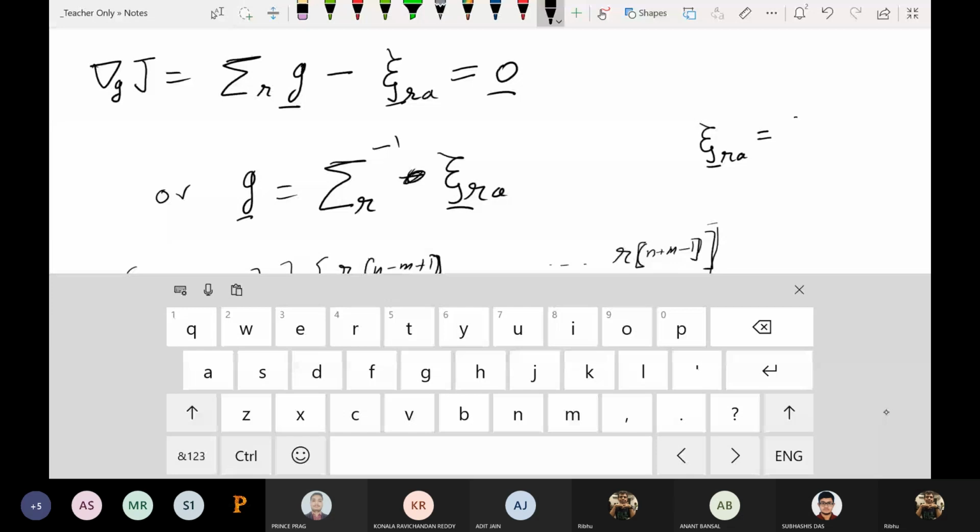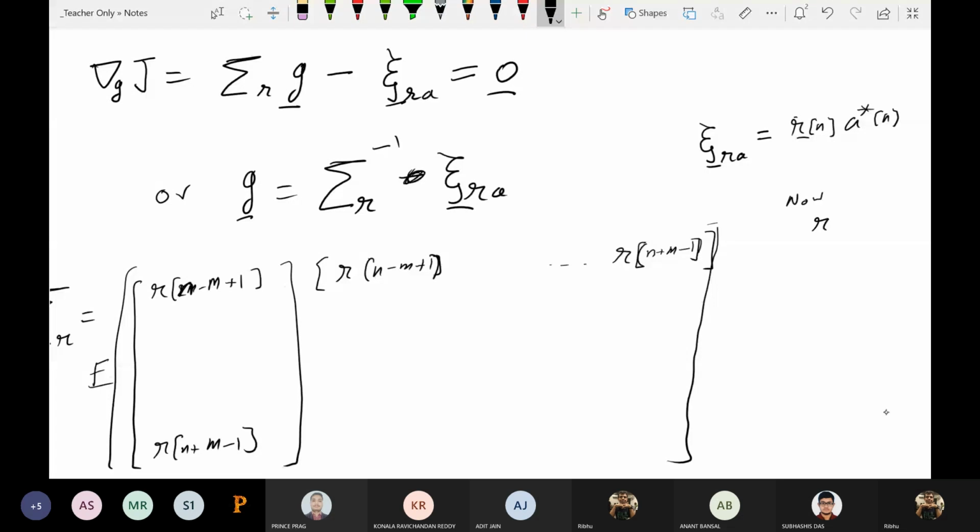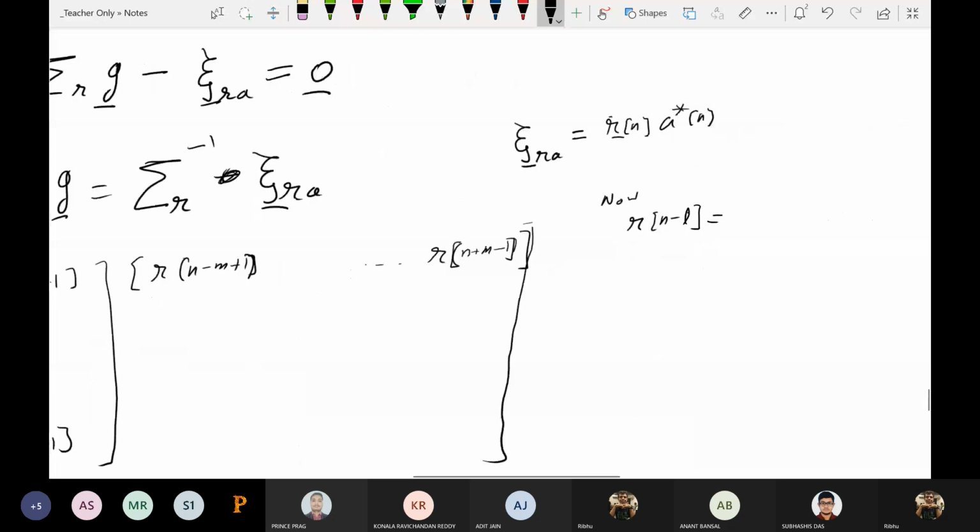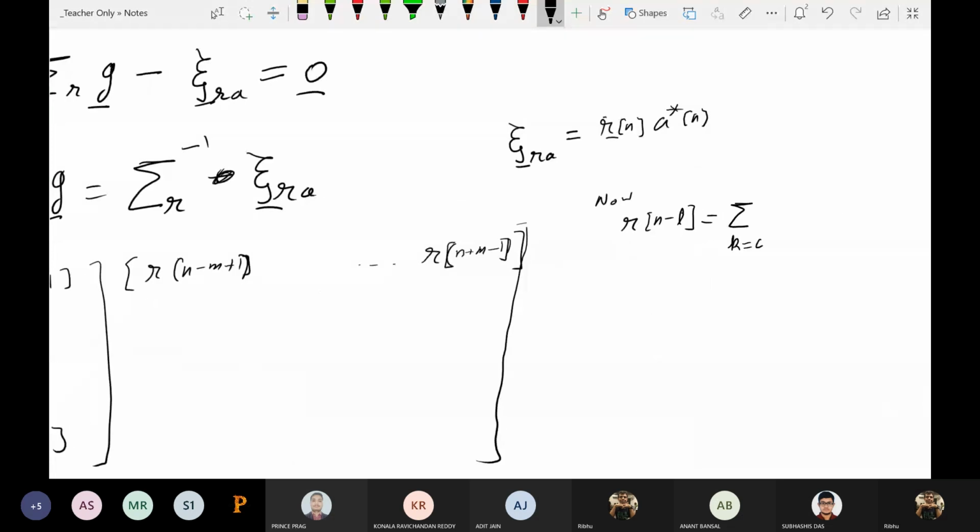So now R, summation k goes from 0 to capital L, h_k a_{k-l}, plus W, right?